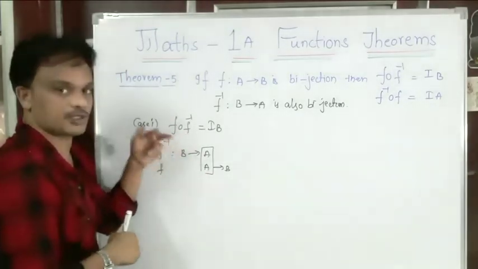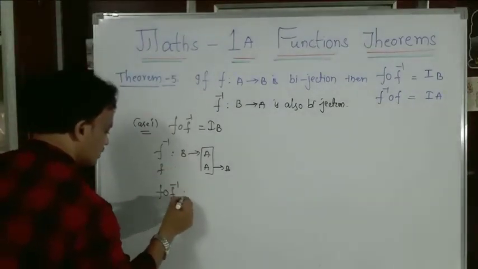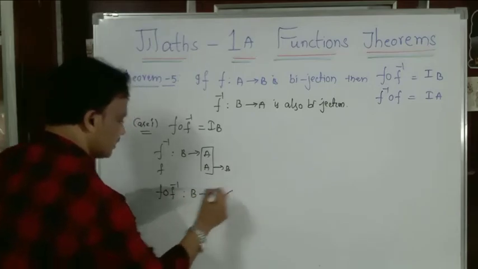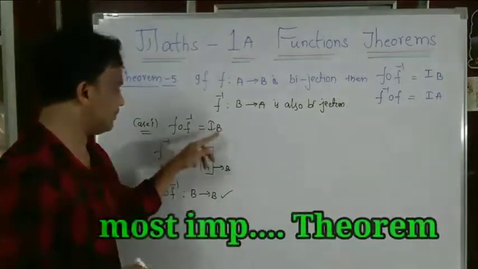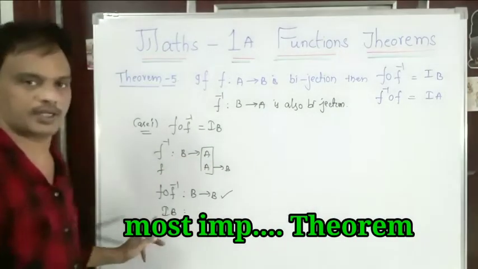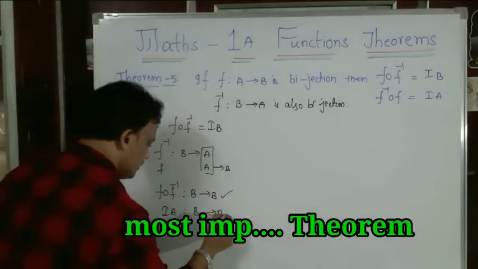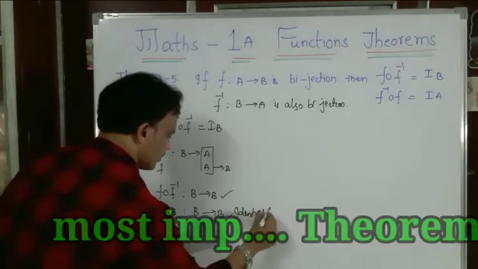So f circle f inverse will exist, and it is defined from B to B. And I_B is an identity function, which is defined from B to B, right?